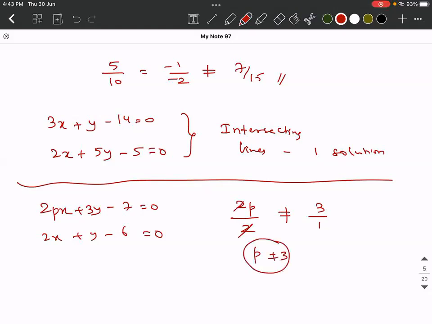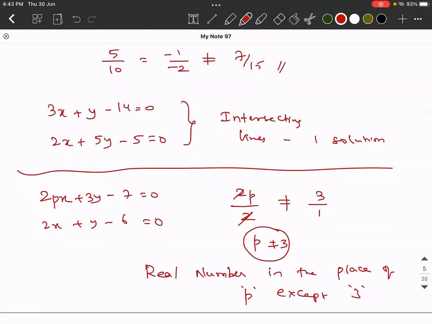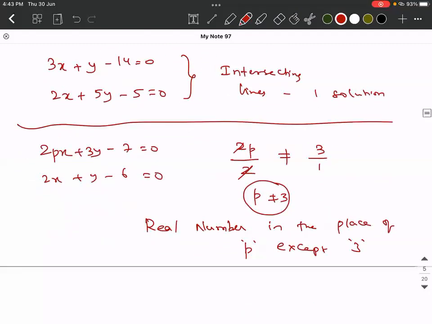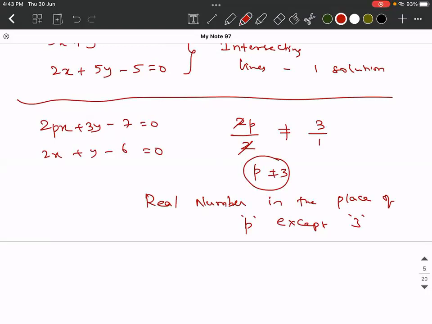But what did I say the coefficients of x and y are? They are some real numbers. So what you can say is you can put any real number in the place of p, except 3.